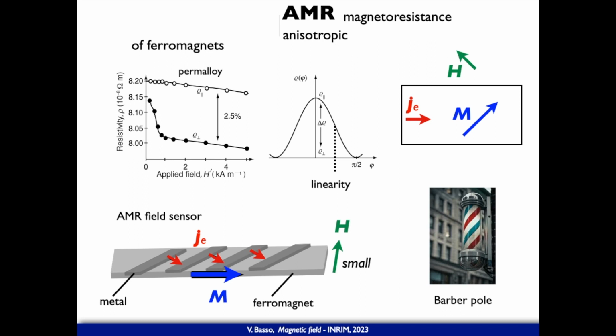The current passes in the metal, but in order to traverse from metal to metal, it has to go down into the ferromagnet, but then the current will be perpendicular to the stripes, and so at 45 degrees with the magnetization, the magnetization being along the main and long direction of the ferromagnet. With this, it's very easy to have the magnetization and the field perpendicular to each other and the current at 45 degrees.